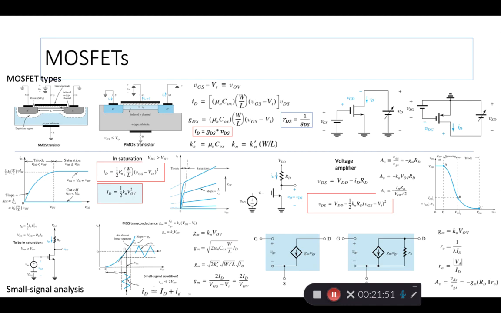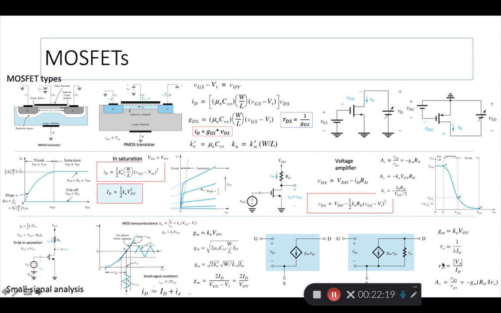This is a current source, but it depends on the voltage VGS and gm. So if you multiply the two, you get the value of the dependent current source as gm times VGS. If you take into effect the channel length modulation, there's another factor called ro that goes in parallel, and then the model becomes like this.